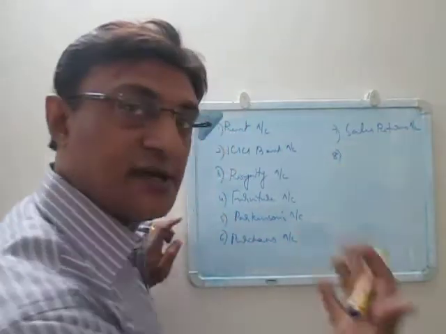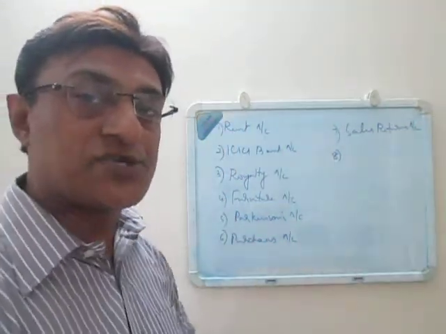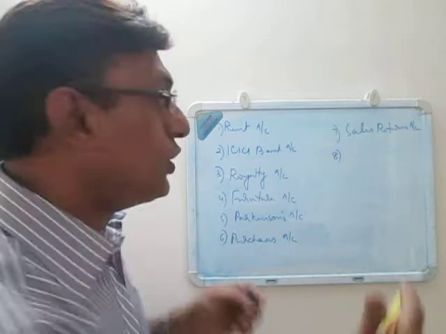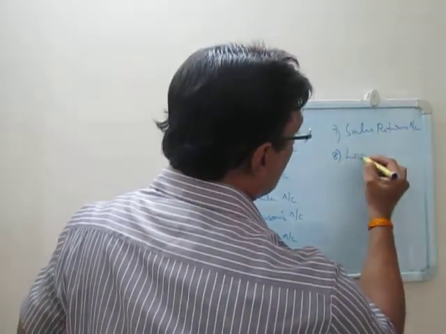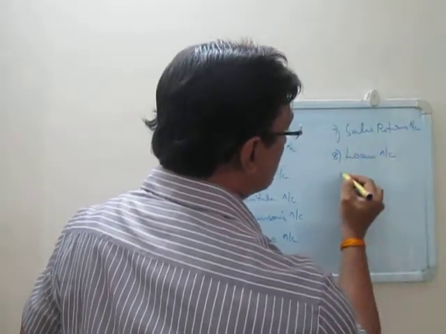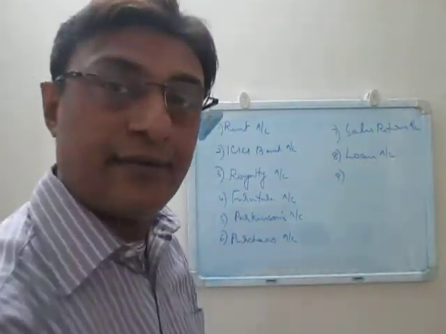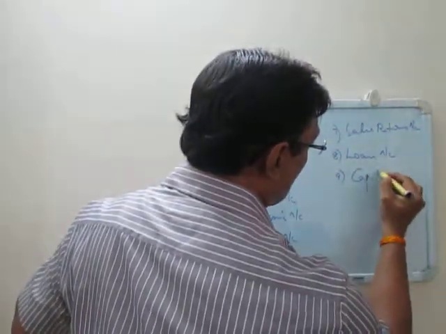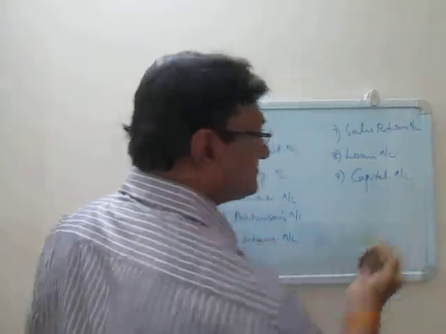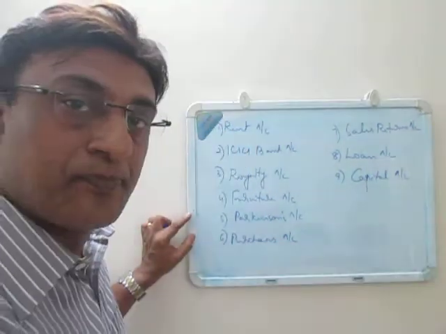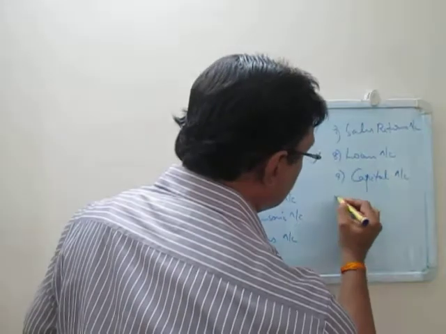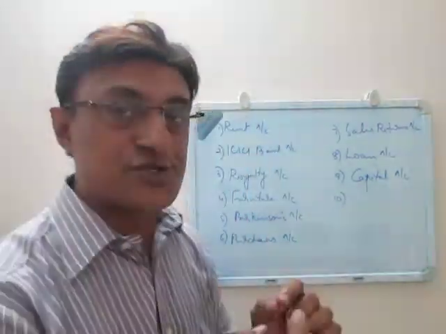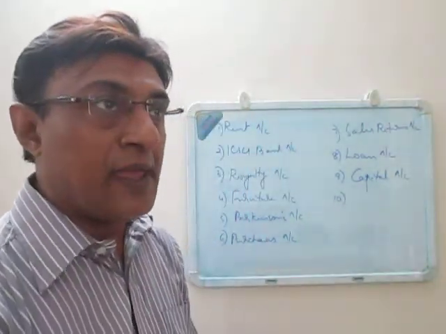I'm just at random picking up some accounts. Loan account. 8, 9, capital account. 10th, let us say one more account for us to be familiar.